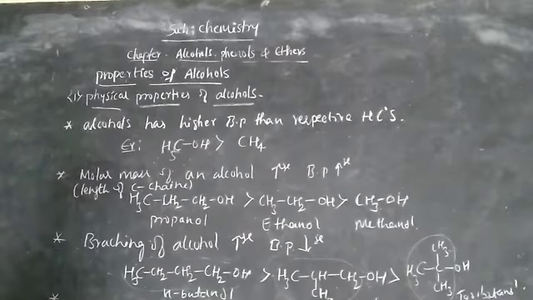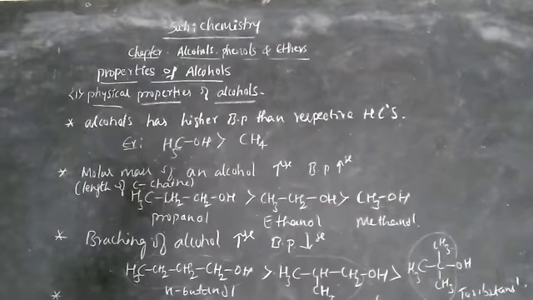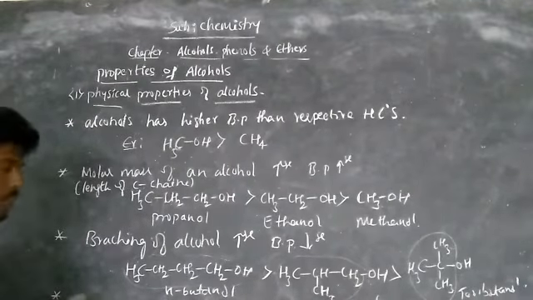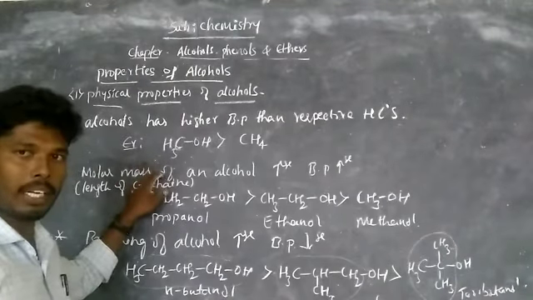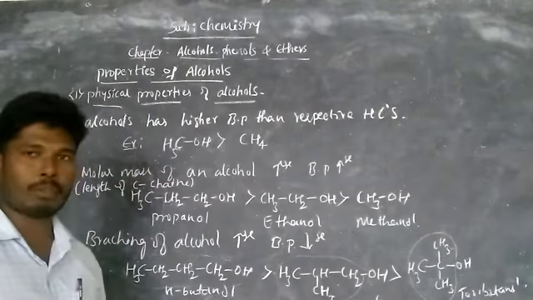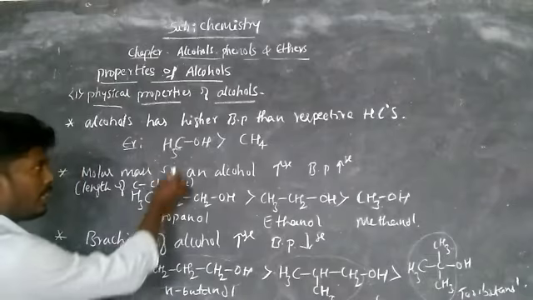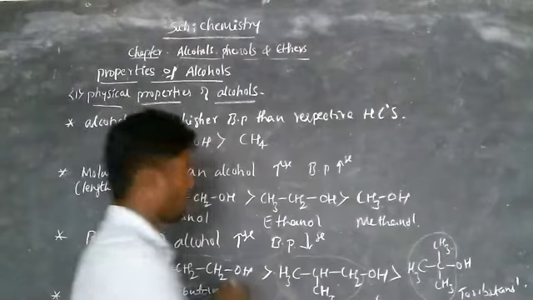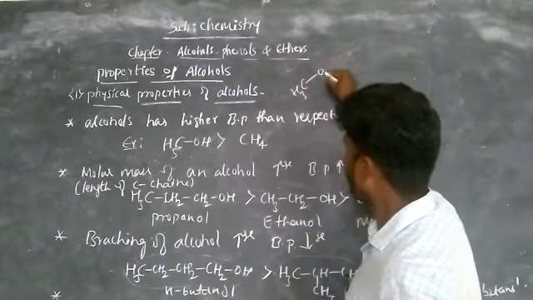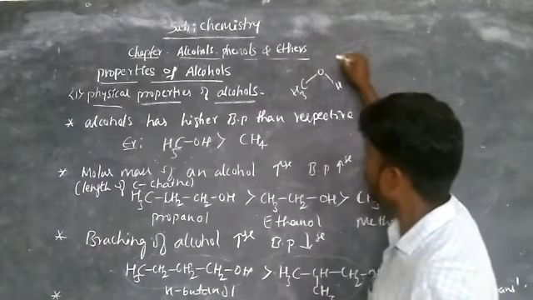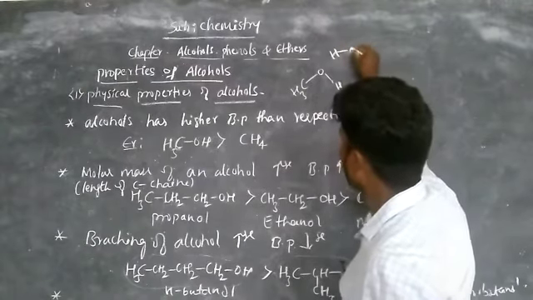Similarly, the next one is the solubility of alcohols, which increases in water due to the formation of hydrogen bond. I already showed how the hydrogen bond forms. Similarly, take methanol, O-H. If it is dissolved in water, the water is H-O-H, right?